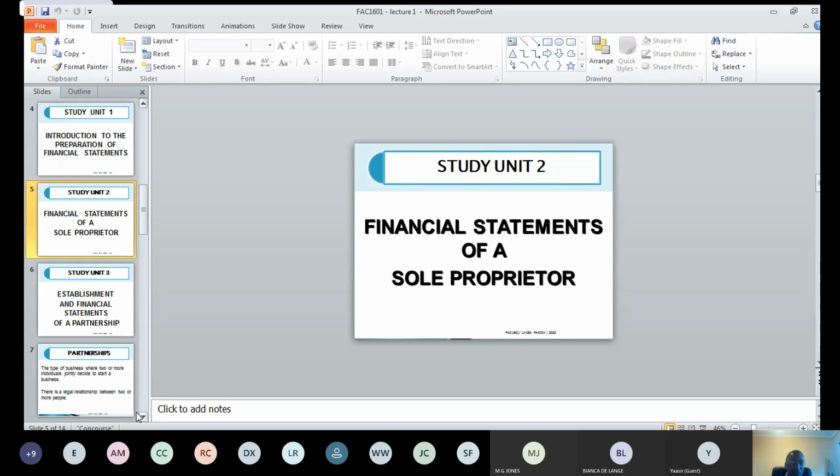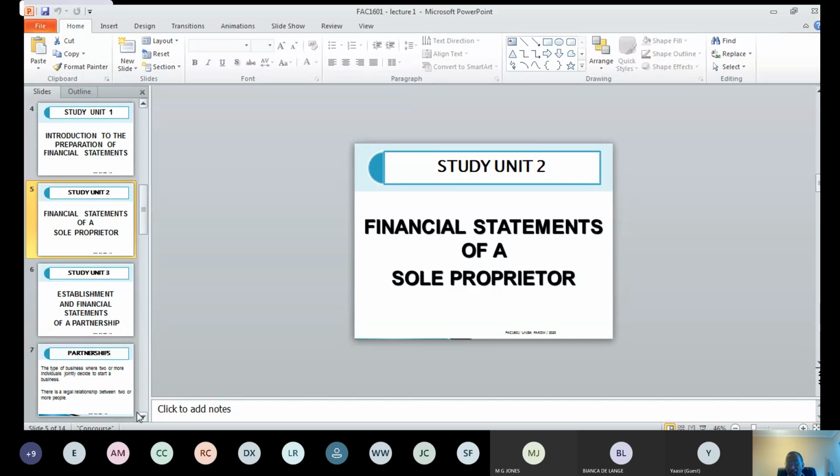Adjustments such as depreciation, accrued expenses, prepaid expenses, income received in advance, accrued income, additional credit losses, allowance for credit losses. All of those adjustments that we dealt with in FAC1502, you will still work with those adjustments.